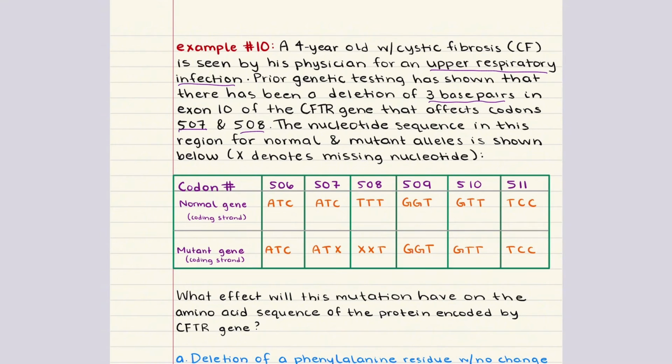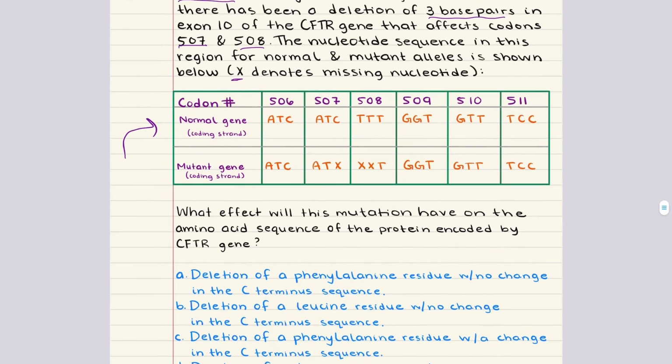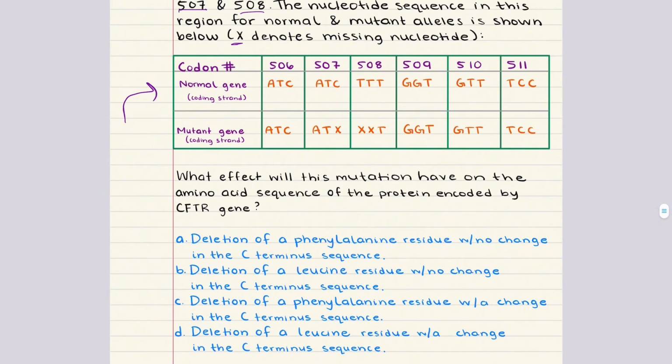The nucleotide sequence in this region for normal and mutant alleles is shown below. X denotes missing nucleotides, and we have that given to us right here. What effect will this mutation have on the amino acid sequence of the protein encoded by the CFTR gene?